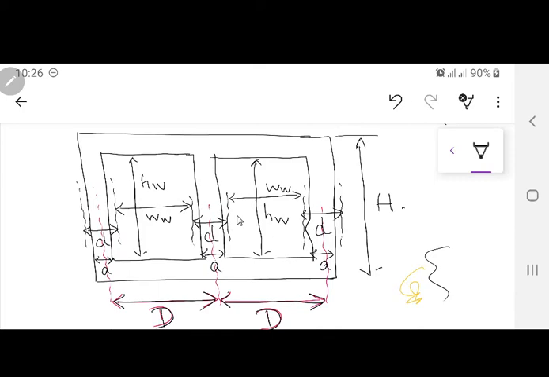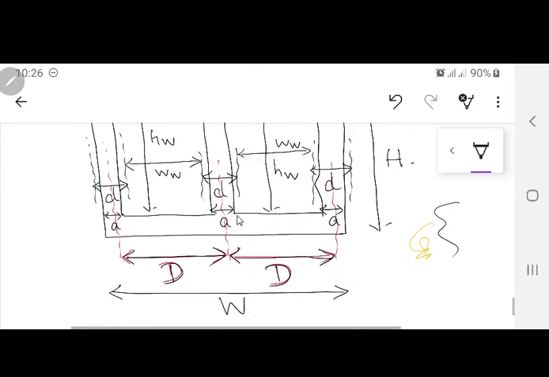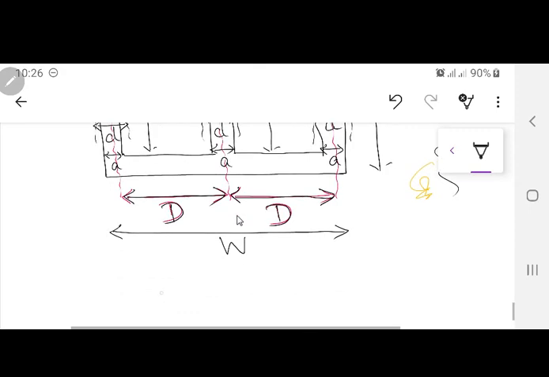Now what is the equation again over here? What is D equal to? Capital D equal to, कोई बताएगा?